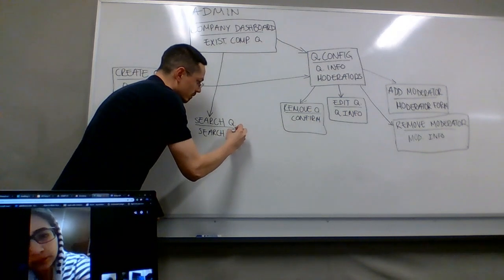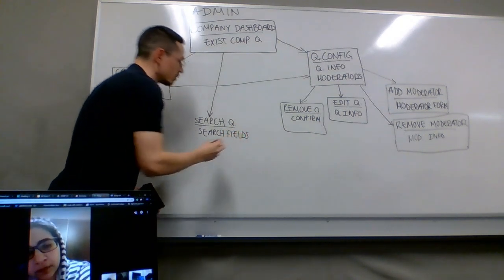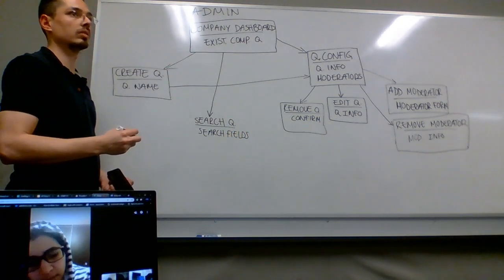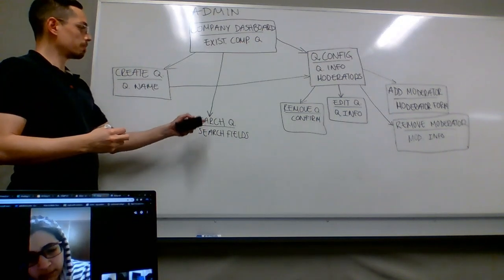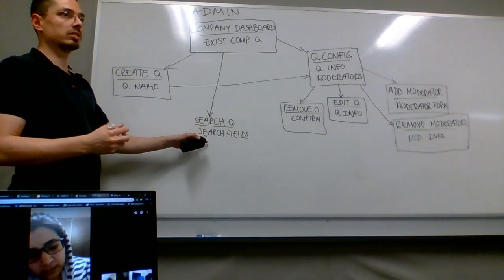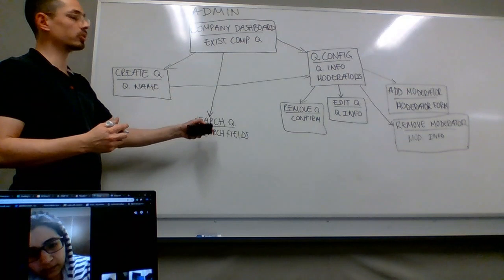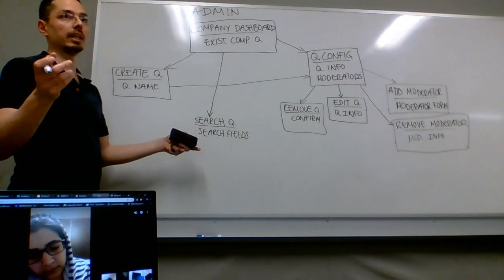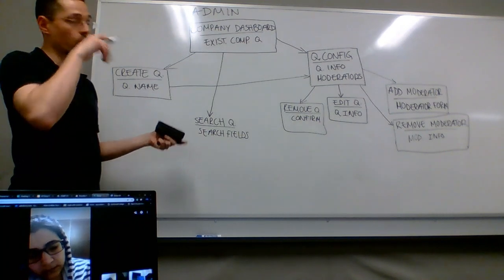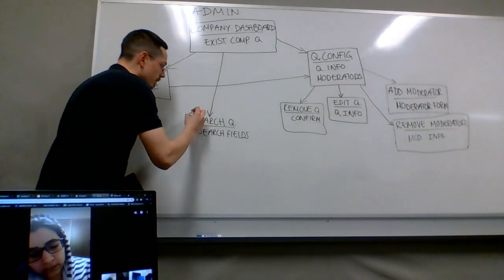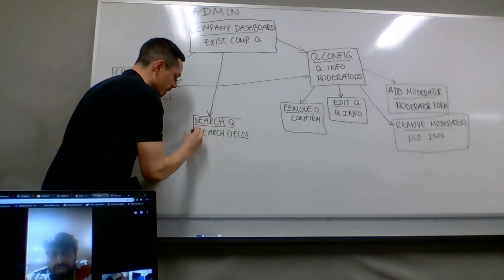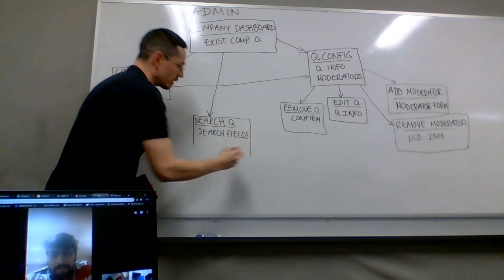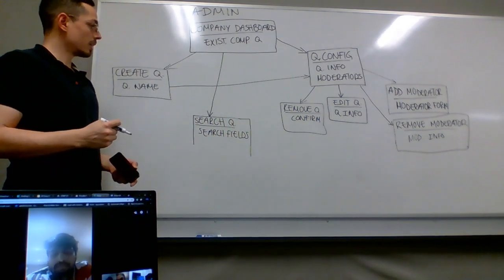I feel like it should be separated though. So search active queues, search inactive queues. Yeah, that would be part of the search fields. The admin will be able to choose, yes, I want to search only for the active, the inactive queues, or both. Right. So there'll be different filters, right? Yes, that's correct. Got it.